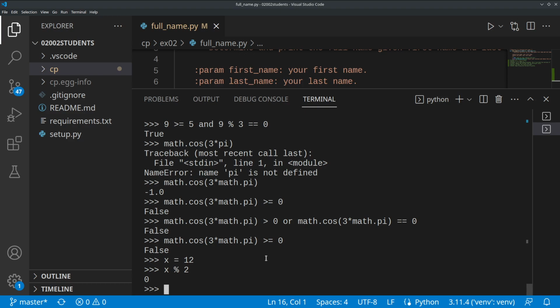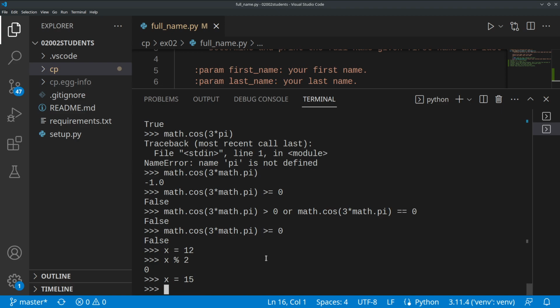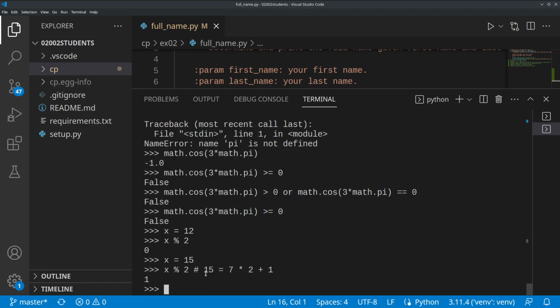However, let's say that x is equal to, I don't know, 15. Then x modulo 2 is going to be 7 times 2 plus 1, so in this case, it's going to evaluate to 1, like this.